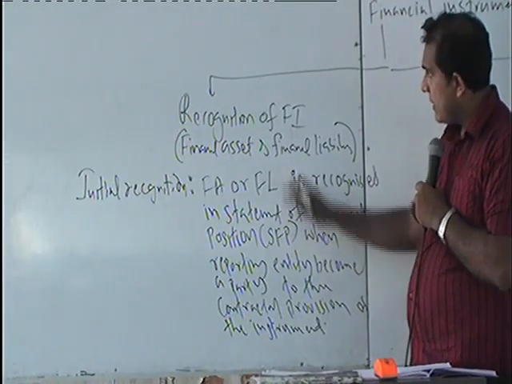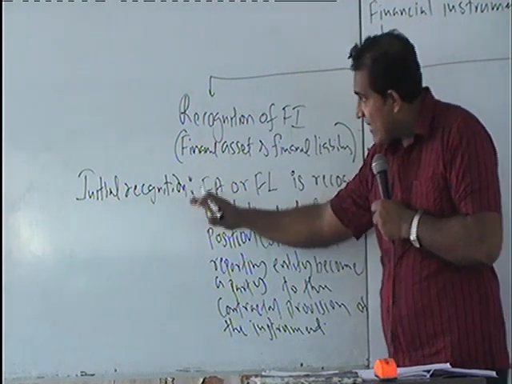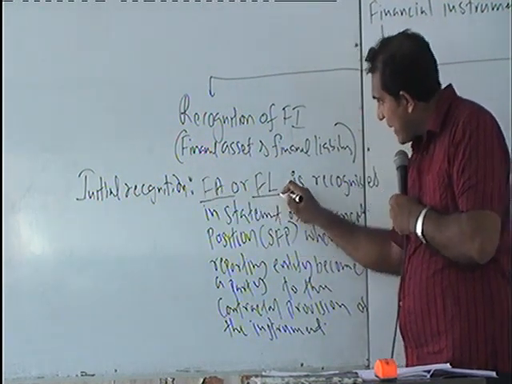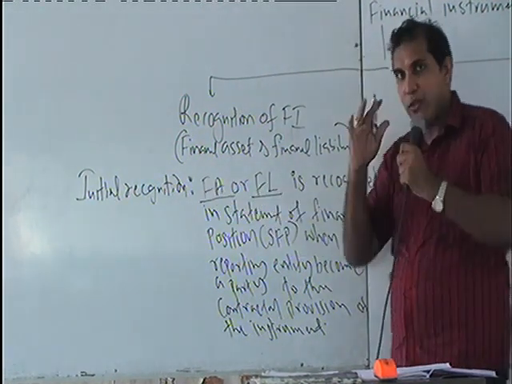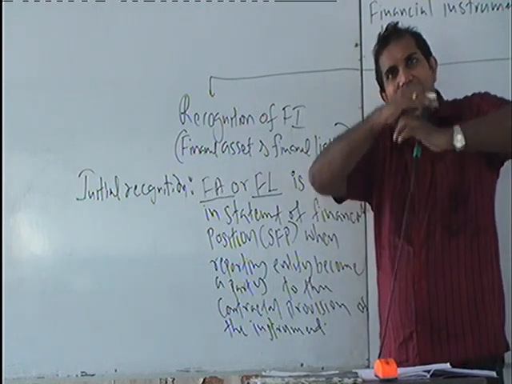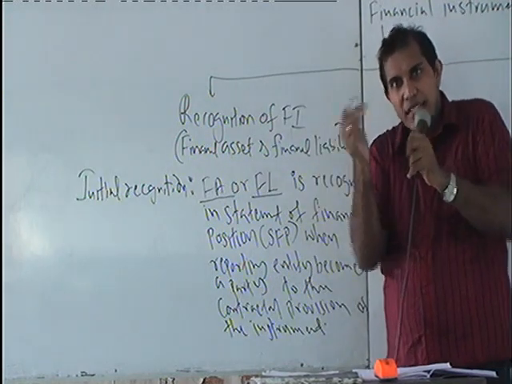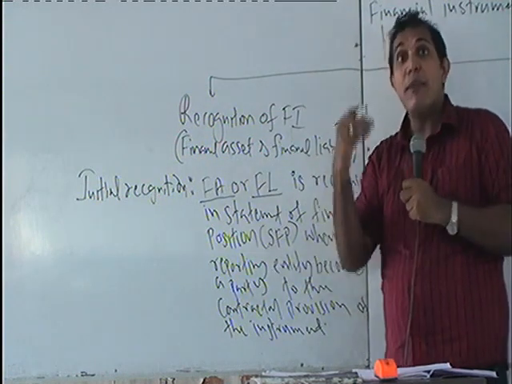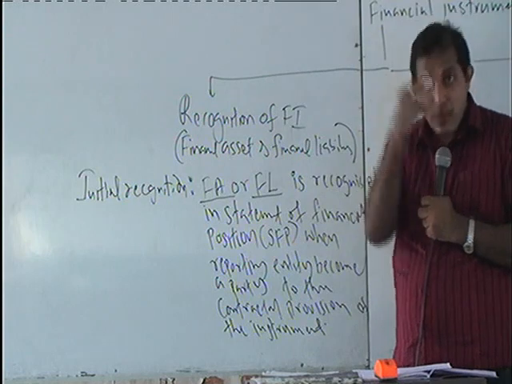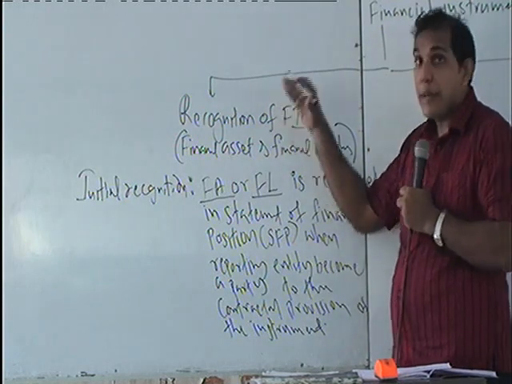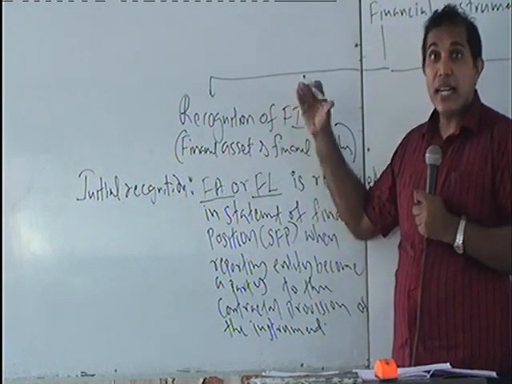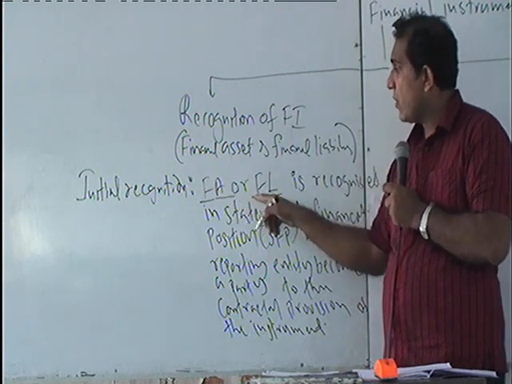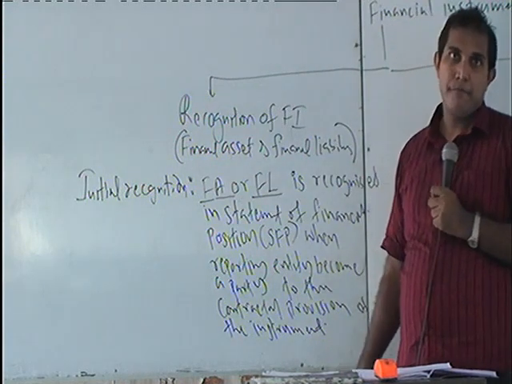That is recognition as a financial asset or financial liability, because, as I mentioned, there is a contractual arrangement. If the reporting entity becomes a party to that particular contractual arrangement, then it should recognize the financial asset or financial liability initially.